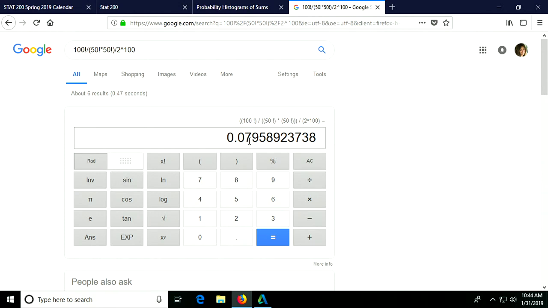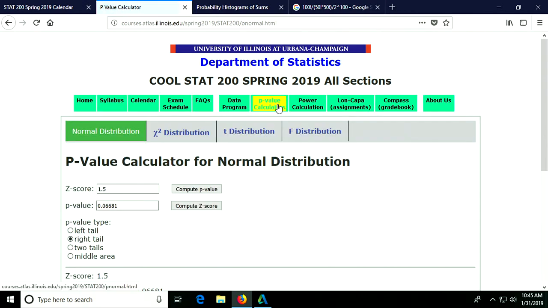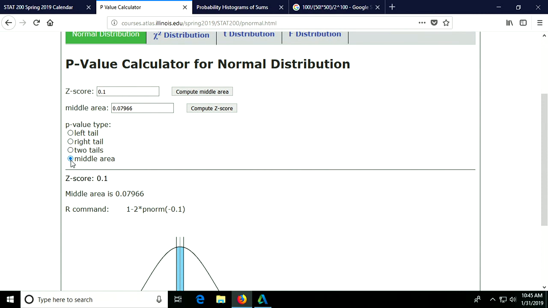And then we can also go to our p-value calculator and do this, if you want to look for more exact ones. We have a z-score of 0.1, and we want to compute the middle area, and there we have the same thing, 0.07966.